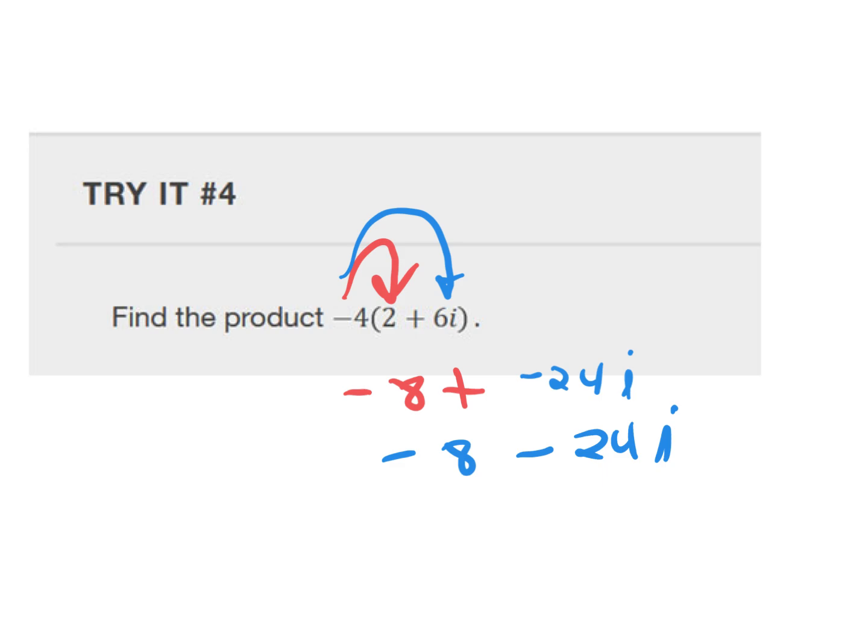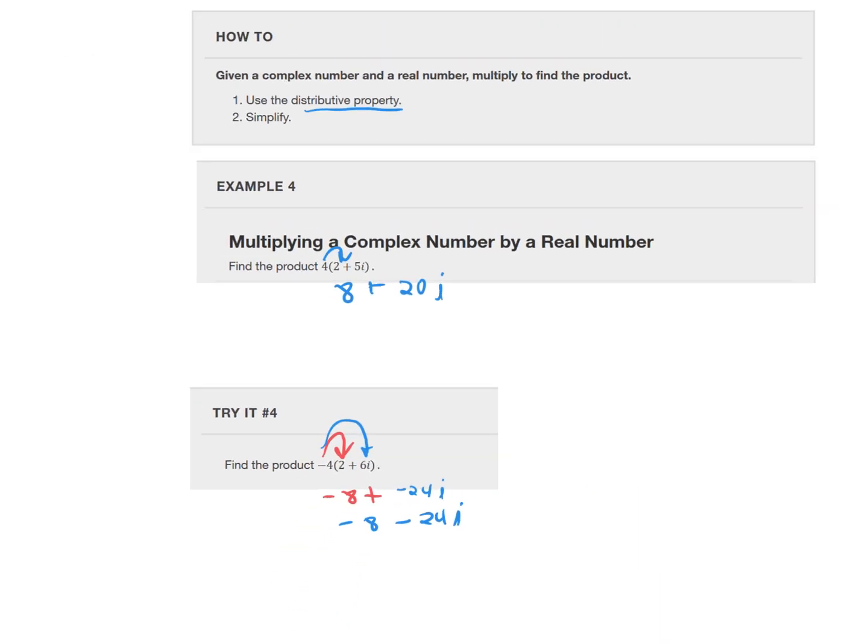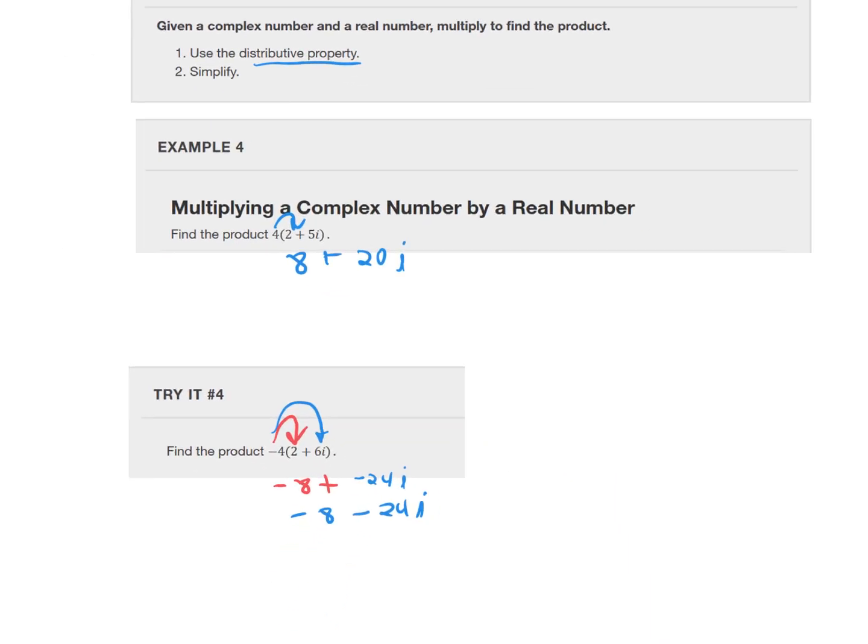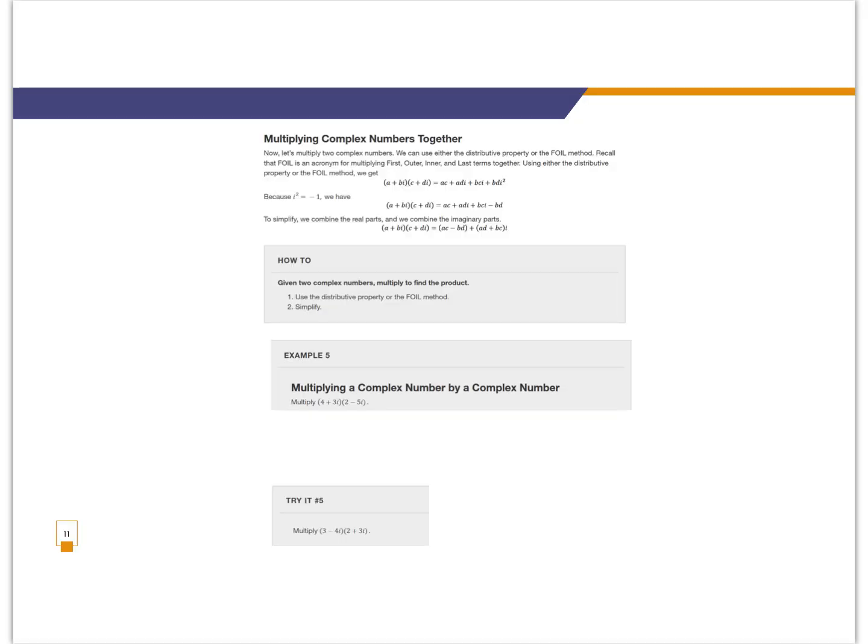I'm just showing you if you brought down the plus, that's fine. Just make sure you know that negative gets multiplied by the 6, making a negative 24. So I think we can go and see what example 4 was. Okay, I didn't put the answer for example 4, so I'm moving on. Next topic.